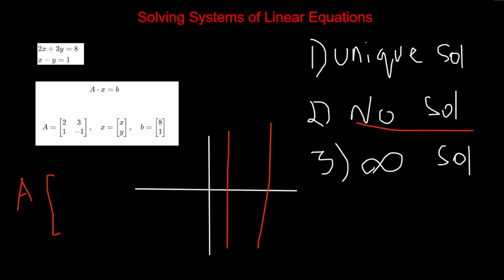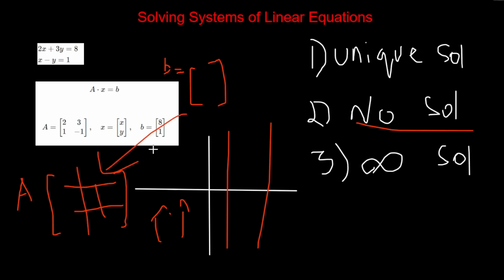This is the matrix A. If they don't have any solutions, the rows of the matrix A are linearly dependent, meaning they are pointing in the same direction, right? But the output vector B does not lie in the column space of A.